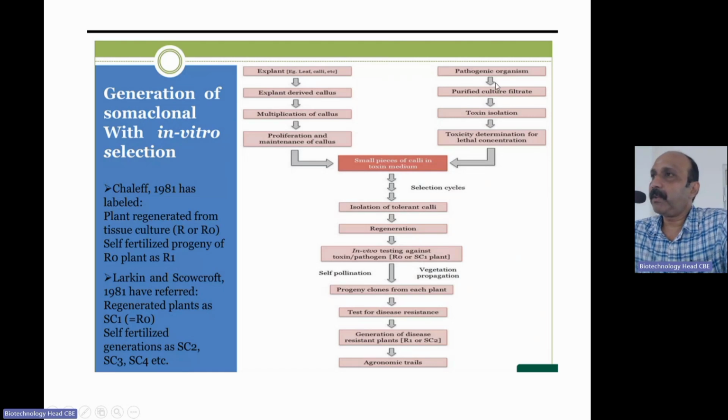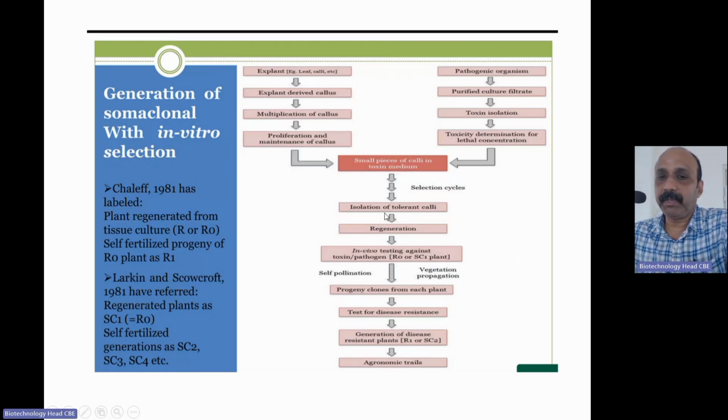First, grow the pathogenic organism, then get the culture filtrate, isolate the toxin, and determine the half lethality, the 50% lethality, and then add it to the medium, right? You go through several of those selection cycles. Only those calli that are tolerant to this toxin will survive, right?